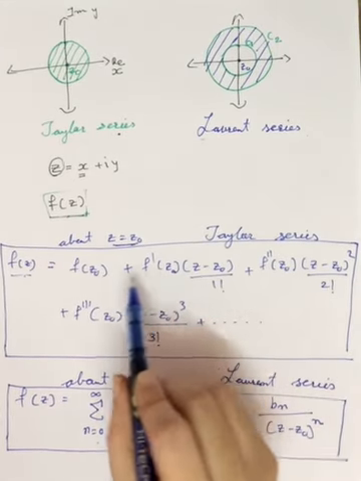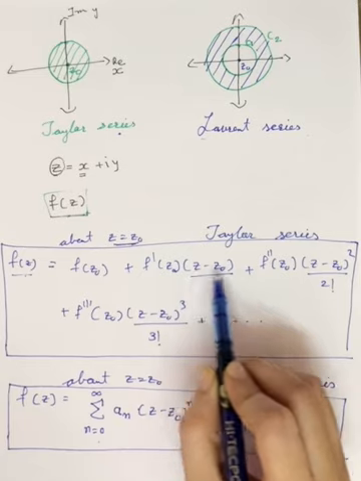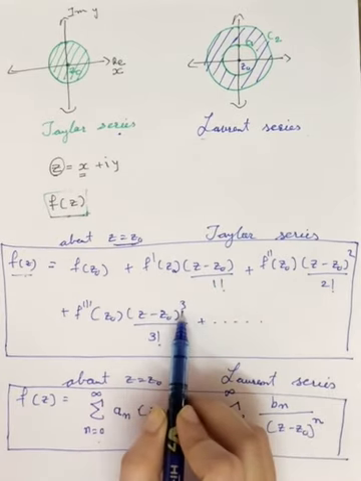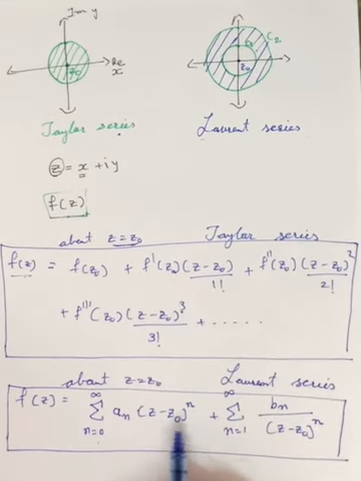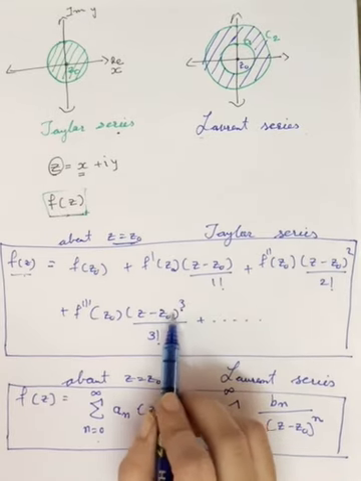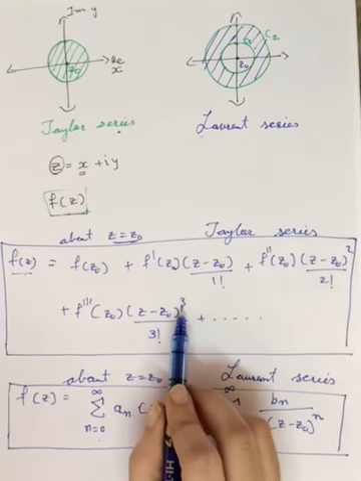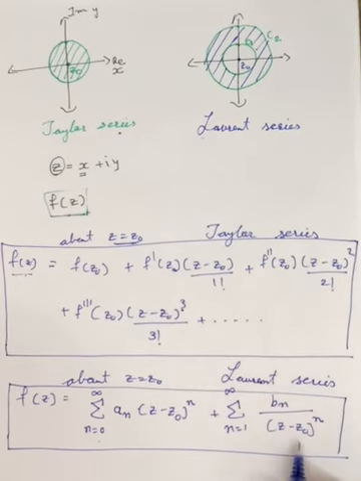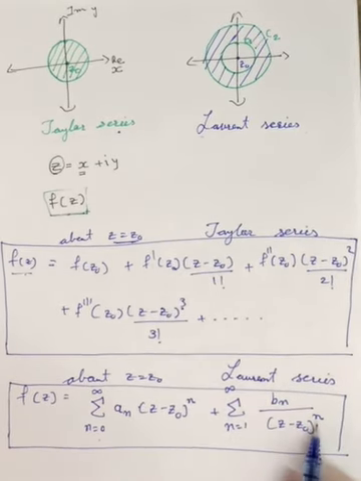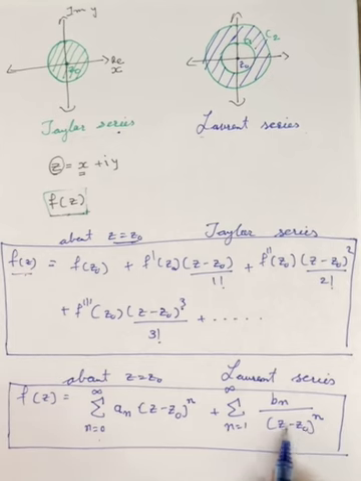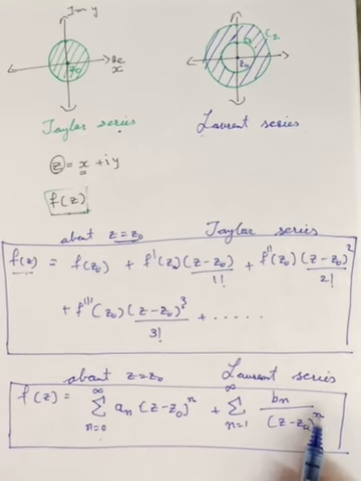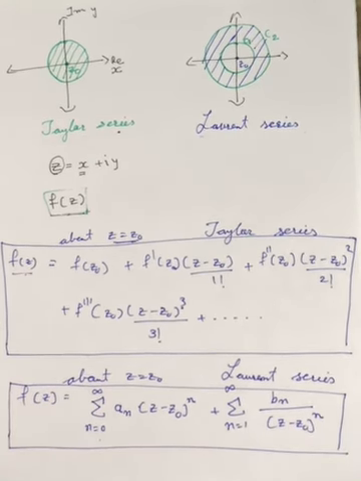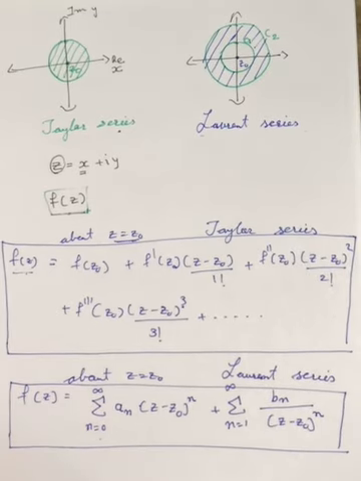In Taylor series we have the power of z only in the numerator, z minus z0 to the power n. But in Laurent series there is one extra part along with this, and that is you have powers of z which are in the denominator as well. So that's where the Laurent series comes.